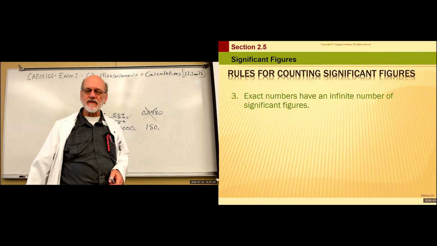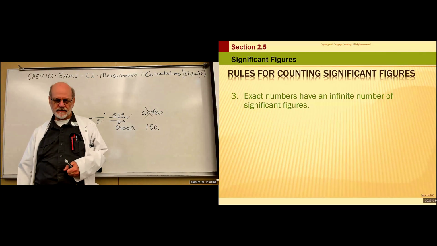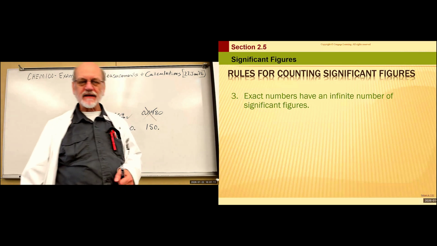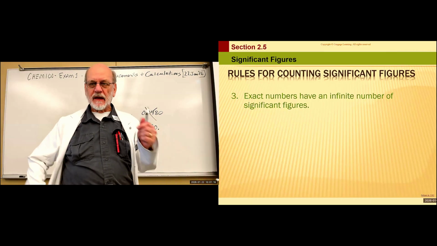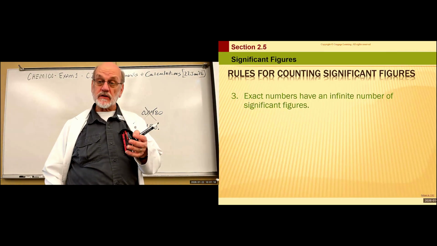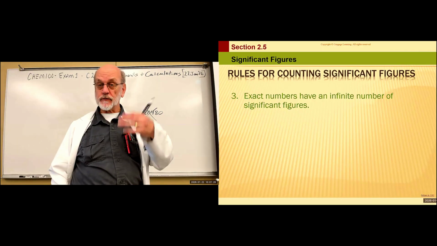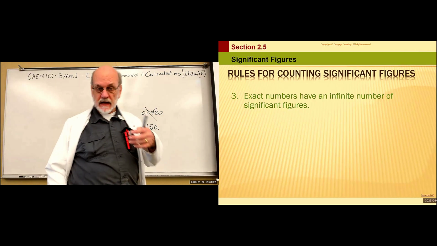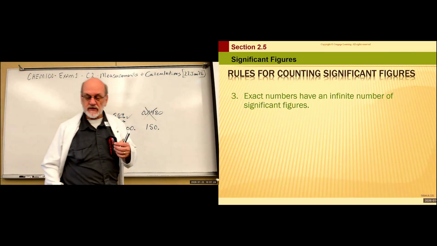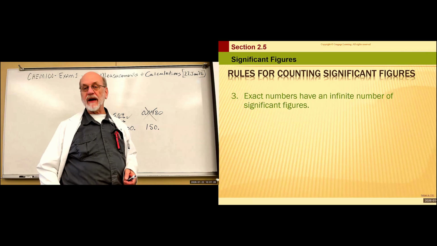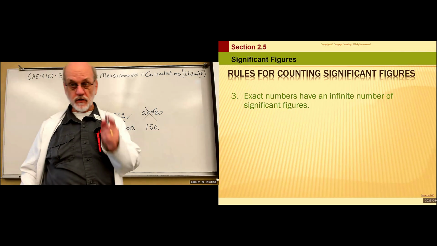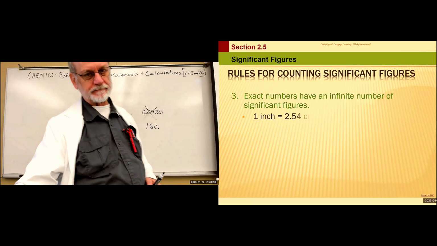And the last class of numbers are called exact numbers. Exact numbers have an infinite number of significant figures. Now that's important for calculations because of the rules for calculations. If you have an exact number in your calculation, you can ignore its significant figures. It has no bearing on the outcome. And I'll show you what that means in just a second.